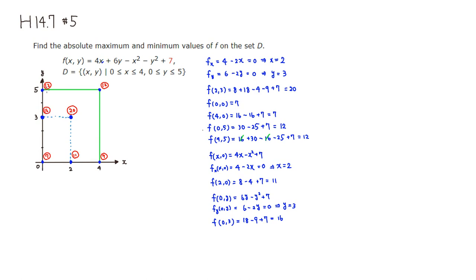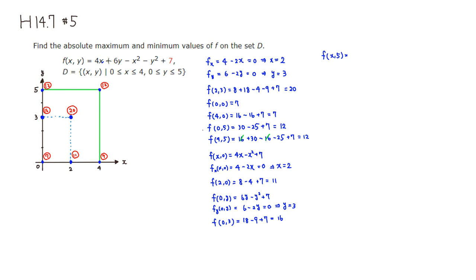Then let's look at the top here. The y value is 5. So we're going to get f of x comma 5.